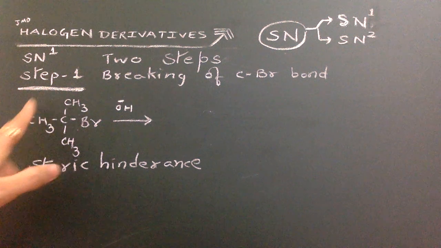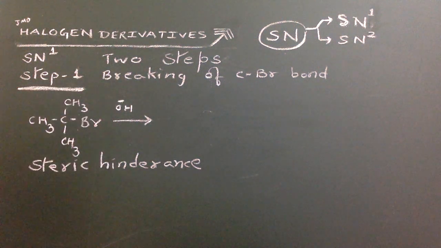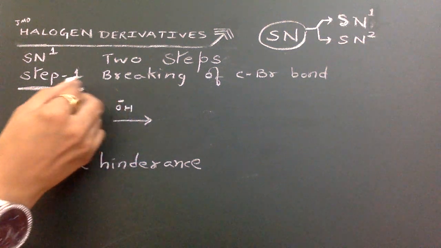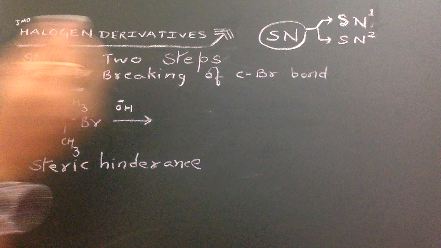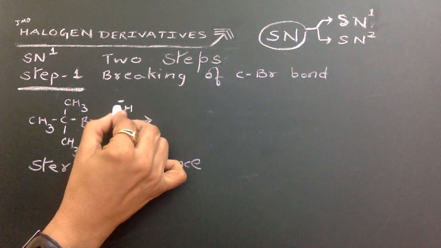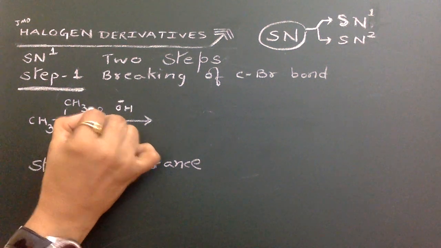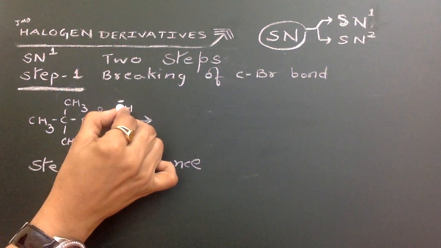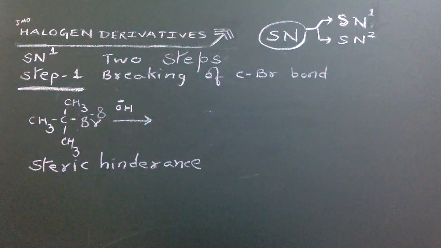So the bulky group hinders OH minus from attacking from the back. The moment it approaches from the back, it is thrown away. Similarly, children, OH minus cannot attack from the front because bromine is also electronegative. So when OH minus approaches from the front, it is thrown away.